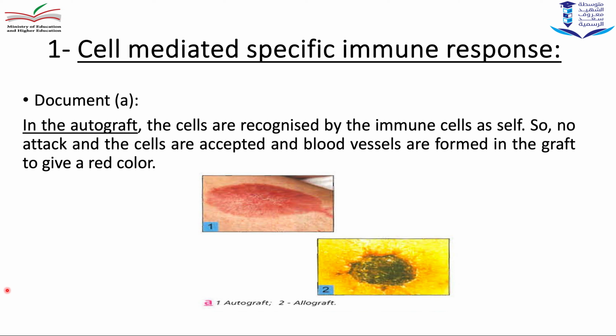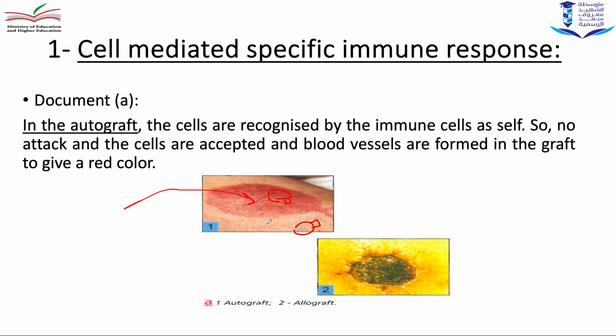So let me draw it here. A skin graft in the same individual, from this point to this point. So these cells have the antigen, and because they belong to the same individual, both of them will be recognized and considered as self, not as non-self.